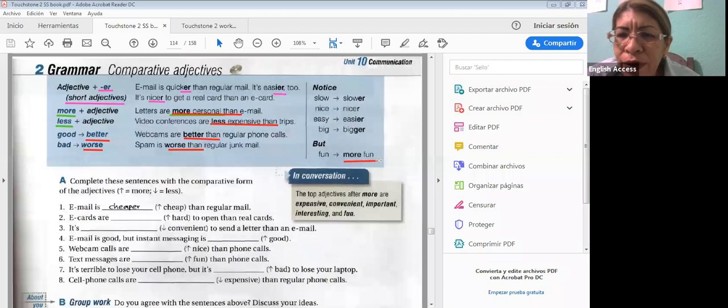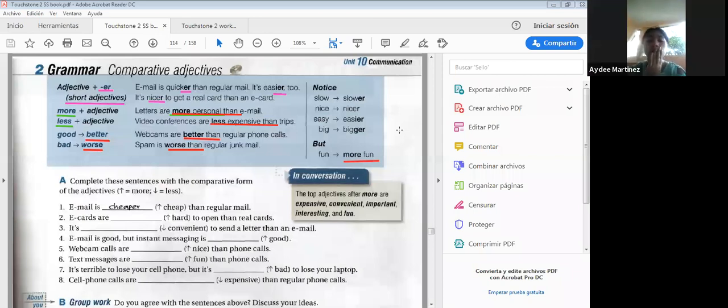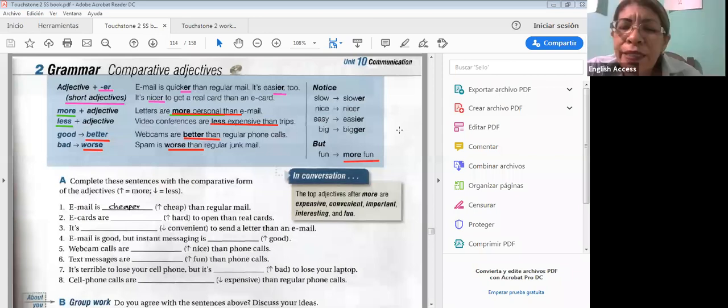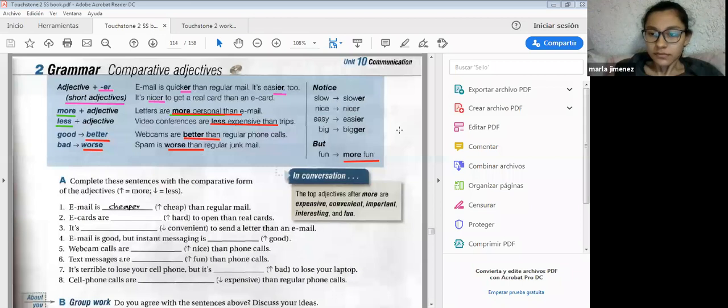This is just a grammar rule, okay? Do you have questions about the grammar chart, guys? No. Okay, let's move to exercise A. I think we didn't do this part last Saturday, right? No. Okay, so we're going to complete this exercise.